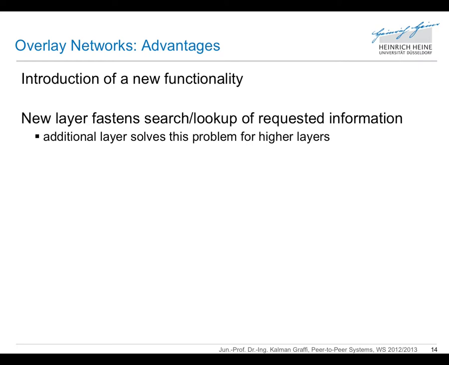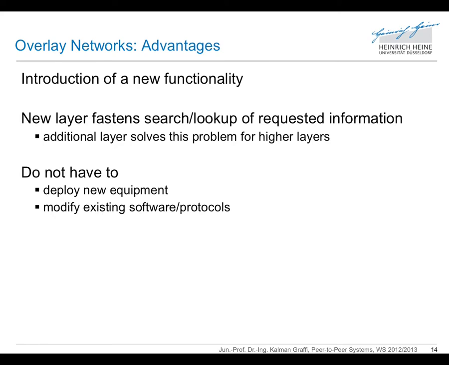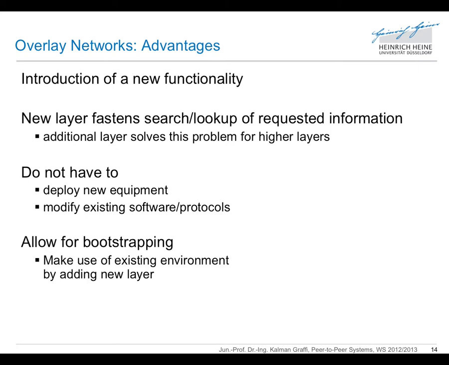For peer-to-peer overlays, typically search or lookup for content is implemented, and that's something that's not available below. You do not have to deploy new equipment like new switches or modify the existing Cisco software protocols, so you leave it untouched. You just put something on top of it, use the things below, and get the functionality.